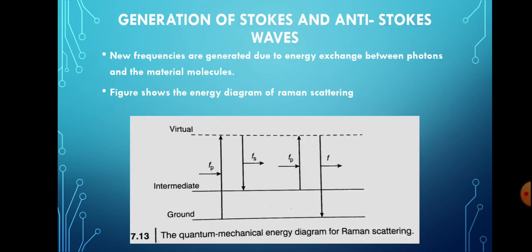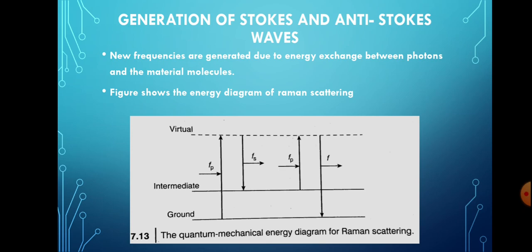Next, we can see the generation of the Stokes and anti-Stokes waves. New frequencies are generated due to the energy exchange between the photons and the material molecules. I have already said that this scattering or generation takes place depending upon the vibrational modes of the material.